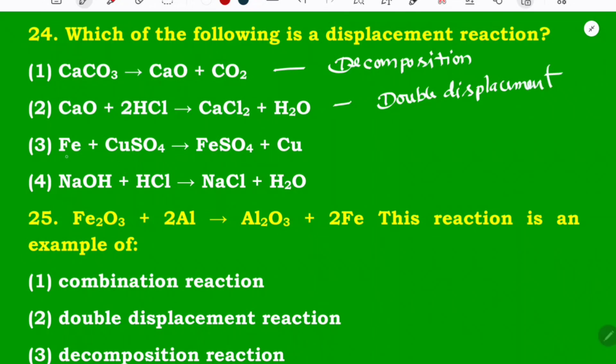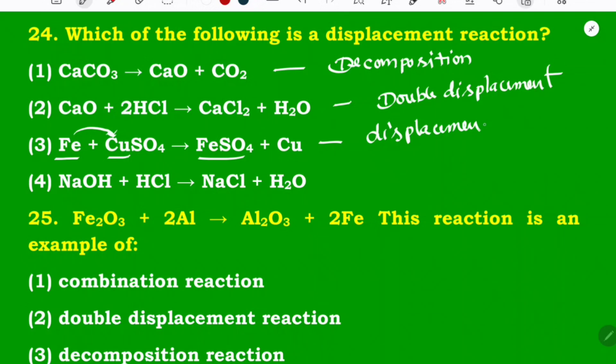And the third one, just observe: in a displacement reaction, one should be a metal, and the other metal is present in a salt, which will be the low reactivity metal. In this third case, iron is more reactive than copper, so iron can displace the copper from copper sulfate. So this is the correct answer, that is a displacement reaction.